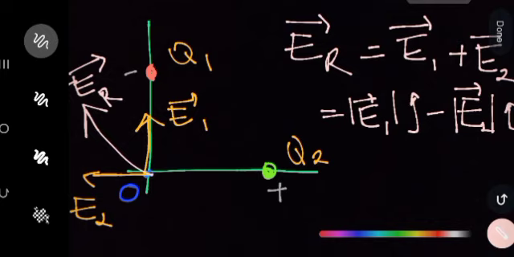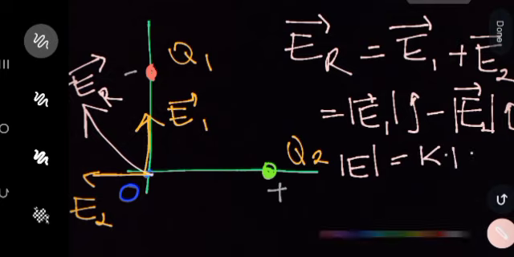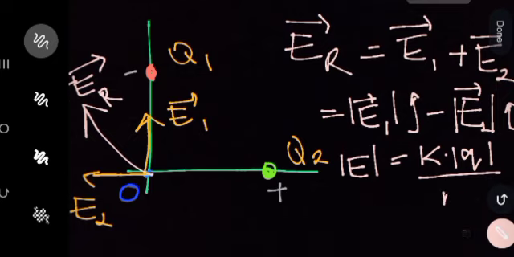Now let's start with the magnitude of E1. I'm just going to show you how to find the magnitudes. There you apply the formula. We know that the magnitude of the electric field strength at a point is equal to K, which you know the value, times the magnitude of the charge divided by the square of the distance separating the charge and the point.